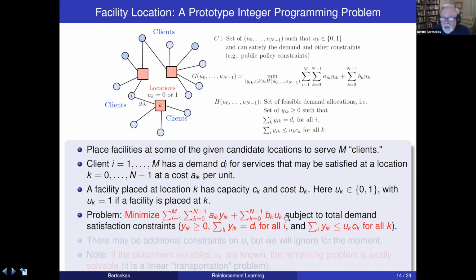And what are the constraints here? Well, of course, we have the integer constraints that the U's can only be 0 or 1. And the service allocation and the facility assignments must be such that the total demand is satisfied. In other words, these Y's have to be non-negative.